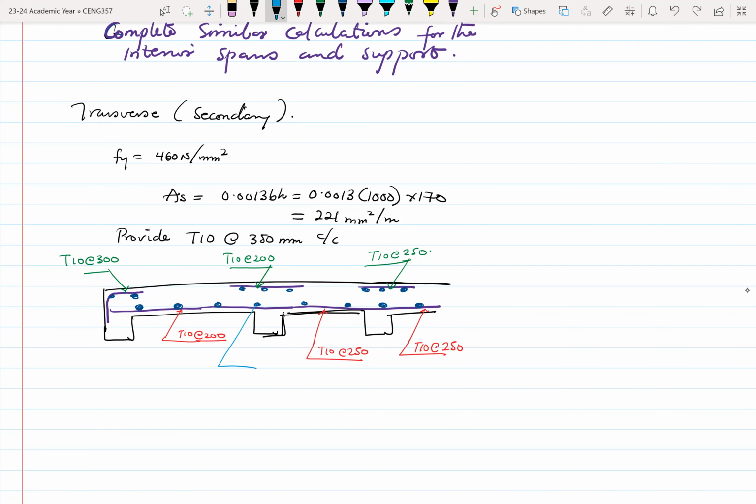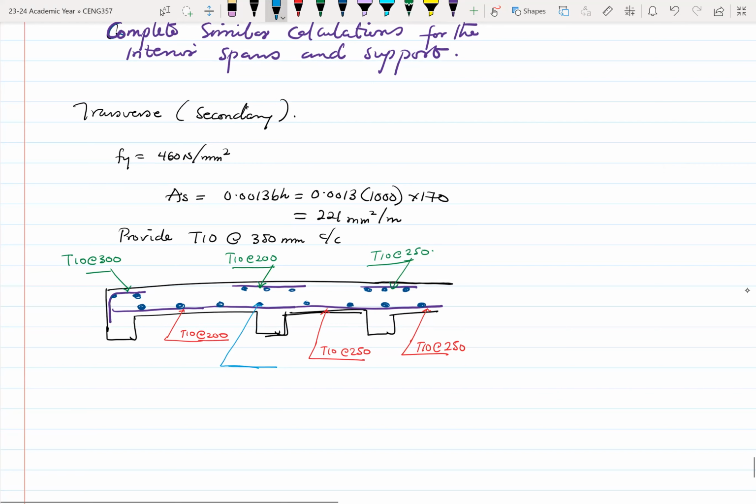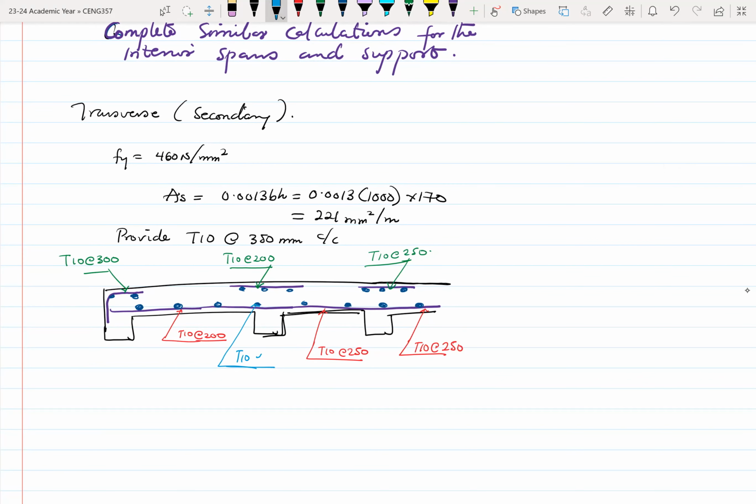The secondary rebar is T10 at 350, so all the secondary rebars will have that T10 at 350. This diagram here represents our bending and all the detailing for the slab.